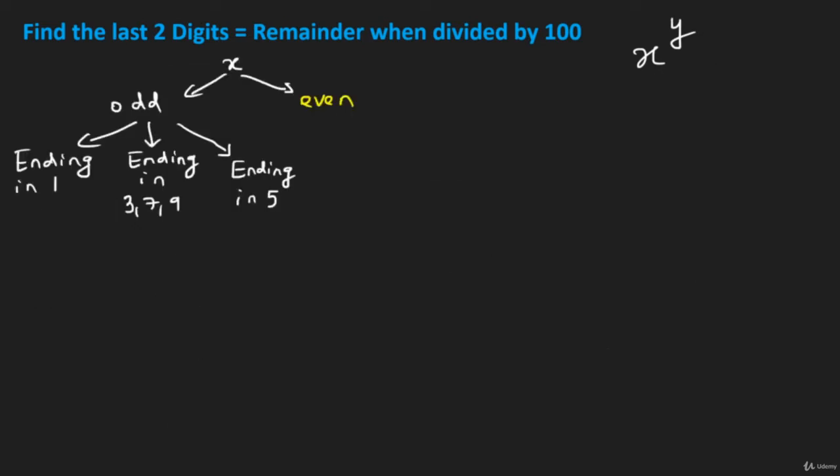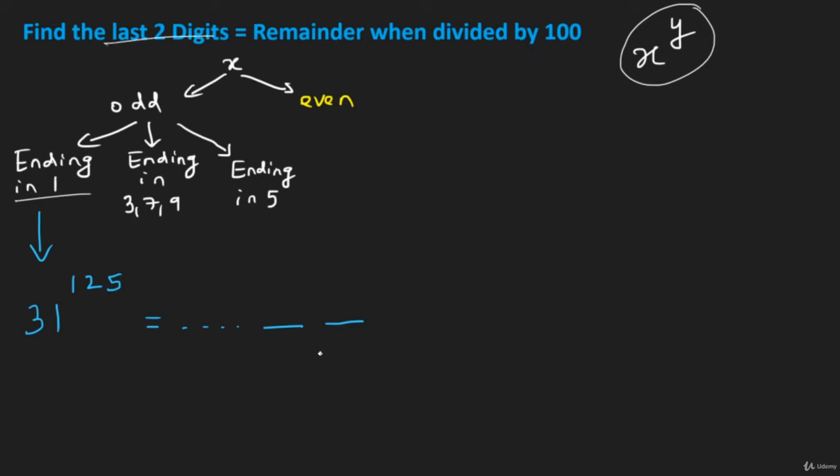All right. We have classified the problem of x to the power y into these four scenarios, and we are starting with the case where x is odd and x is a number ending with 1. Let's take an example. Say you want to find 31 to the power 125 and you're asked to find the last two digits.